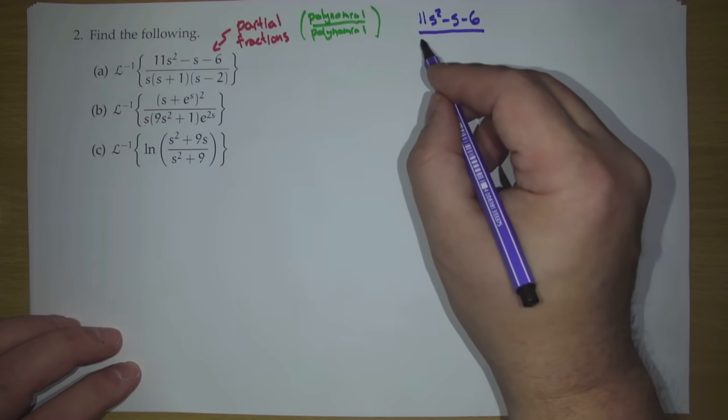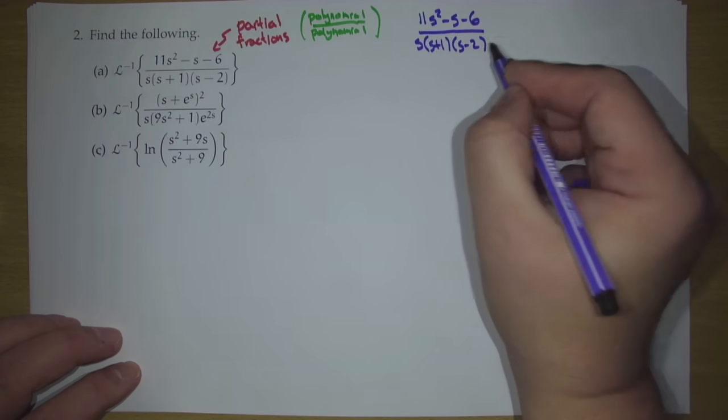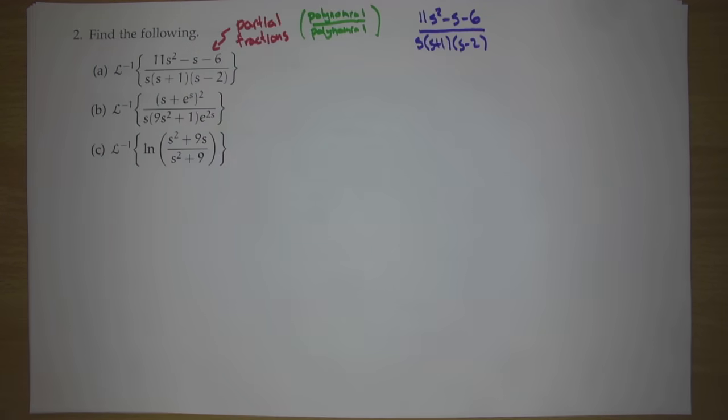Divide that by s times s plus 1 times s minus 2. We're not going to have anything too crazy. The denominator will be either really super trivial to factor or it will already be factored. So don't panic about, oh my gosh, am I going to be able to factor the denominator? The important thing is make sure you know the form.